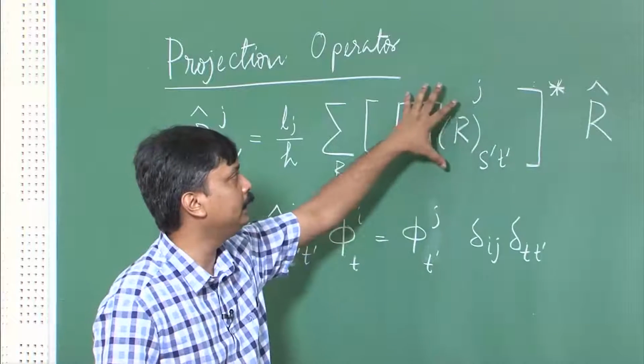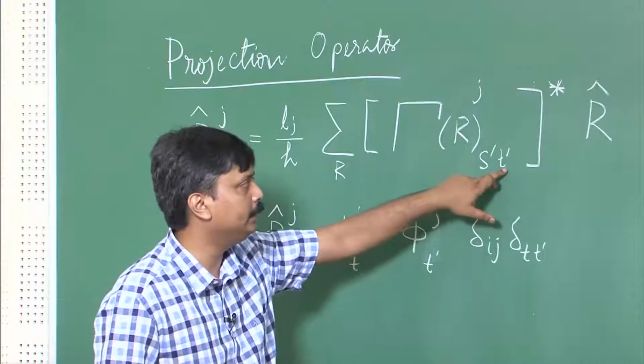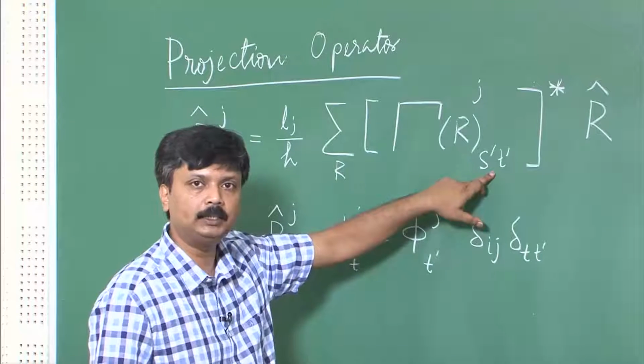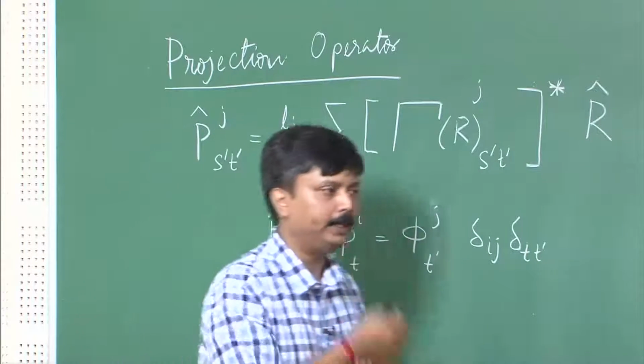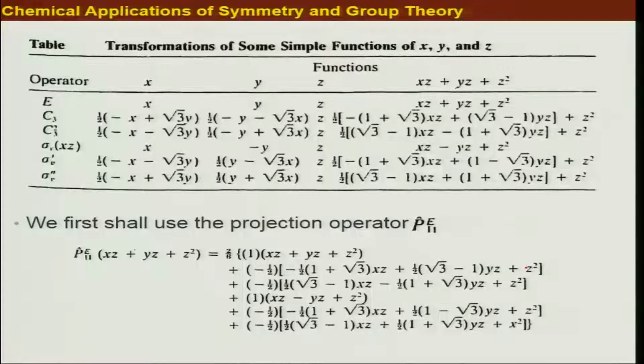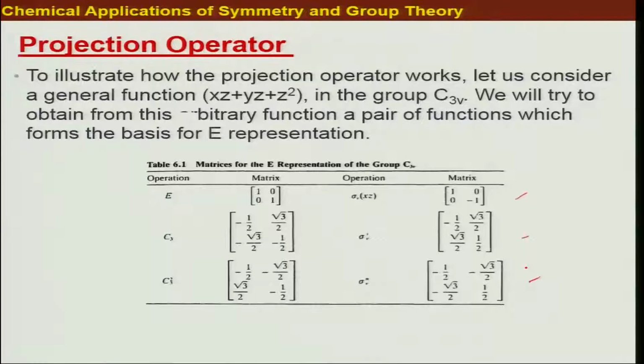This is a representation, and essentially we are taking the elements of that representation. Here we have shown on the screen that each and every symmetry operation has its matrix representation. They are 2 by 2 matrices, correct.